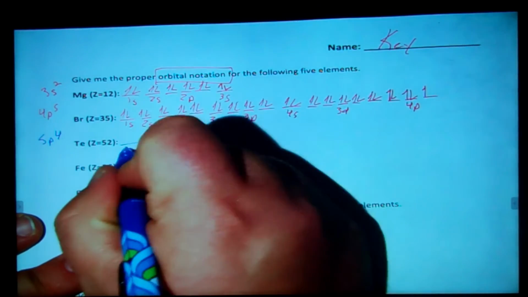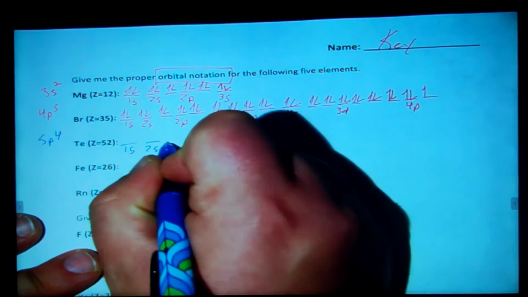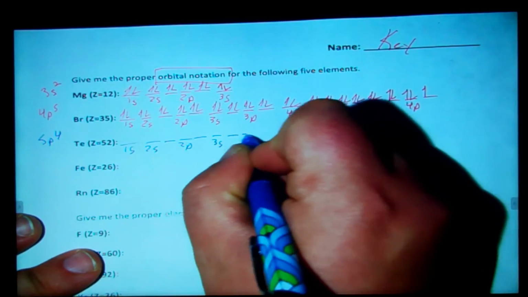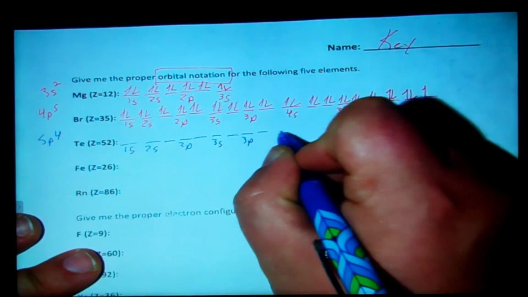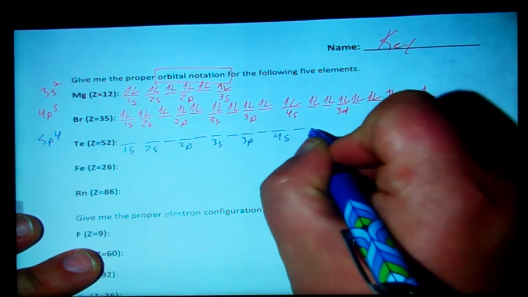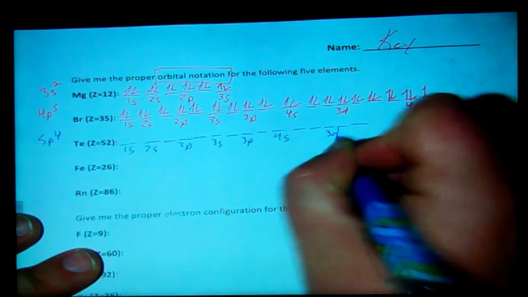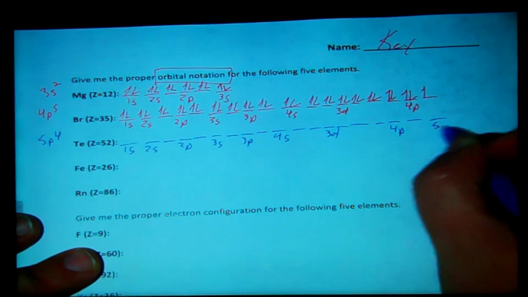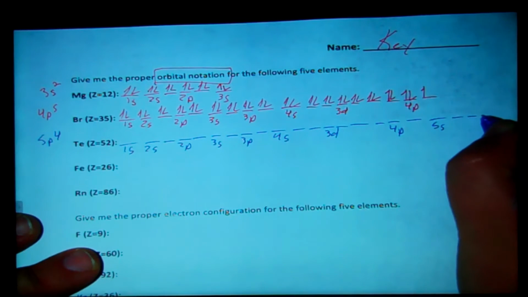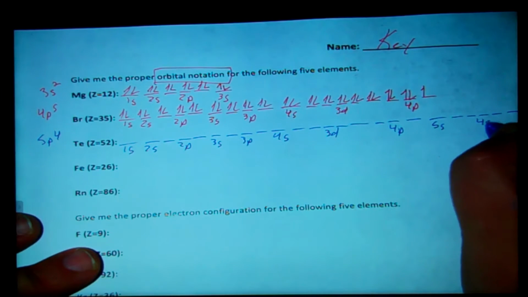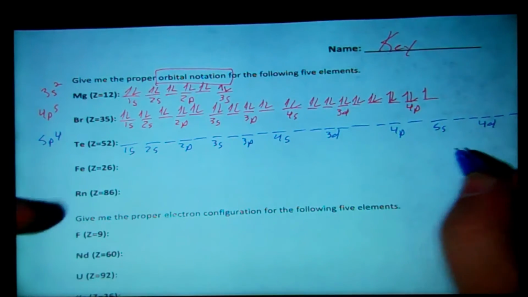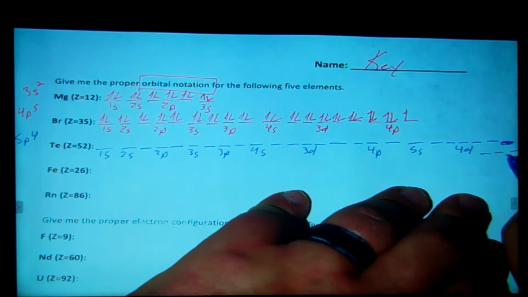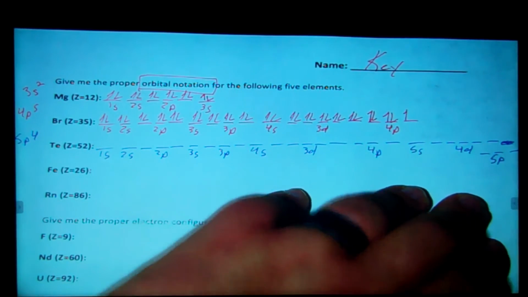Same process. I go all the way through the 1s, all the way through the 2s, the 2p, the 3s, the 3p, the 4s, the 3d, all the way through 4p. I go through the 5s, all the way through the 4d, and stop at 5p.